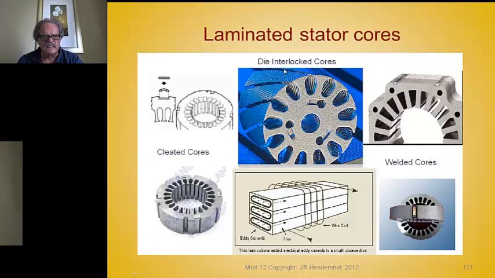And this is the die interlock core, and this is very interesting to see. You punch these little detents or louvers or grooves or interlocking grooves into each lam, and as the lams come out of the bottom of the die, a plate forces them together, so they nest together and you wind up with a stack.